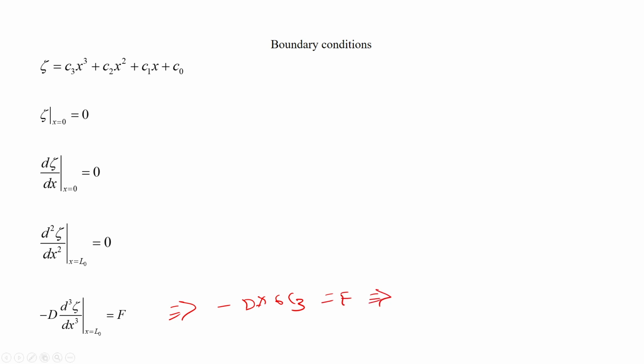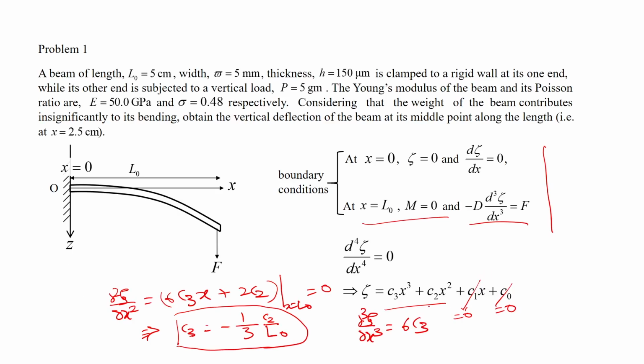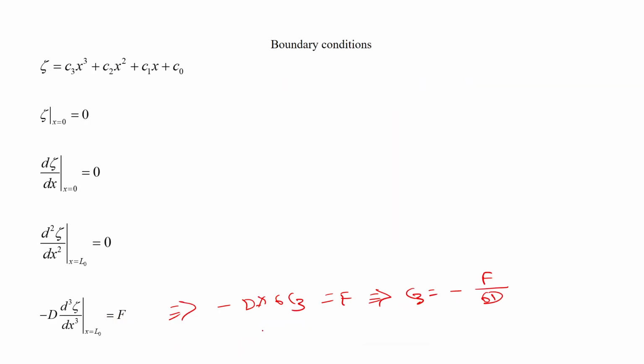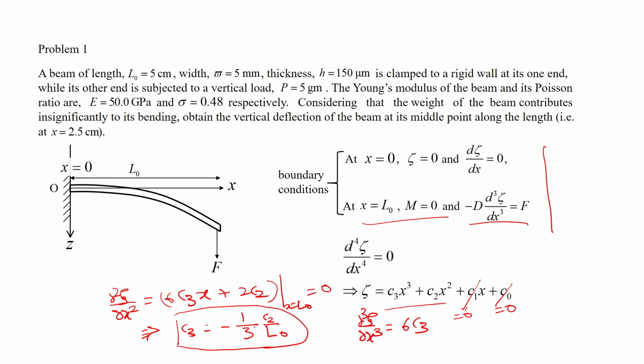So, this gives C3 is equal to minus F by 6D, where D is the flexural rigidity. Earlier we got C3 is equal to minus 1 by 3 C2 by L0, right, that is what we got here.